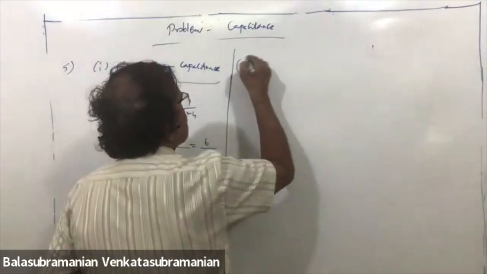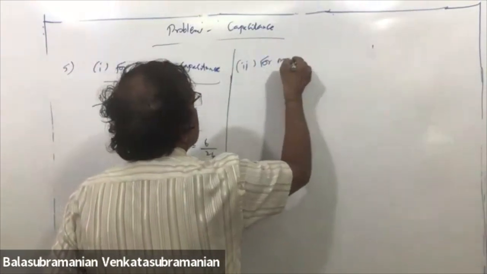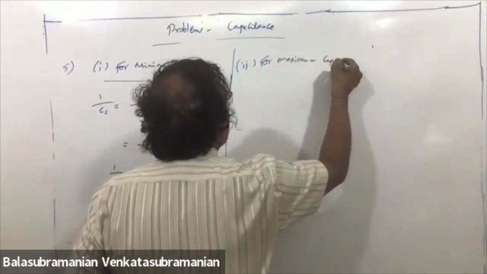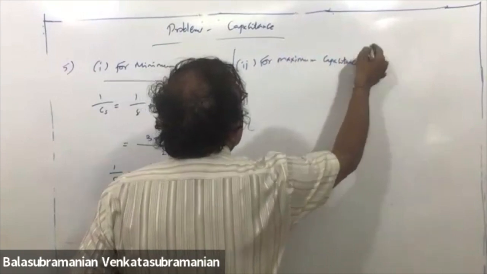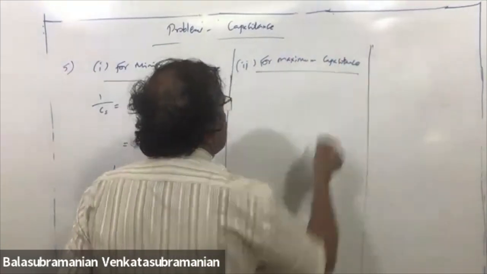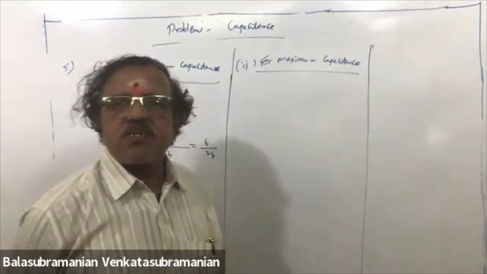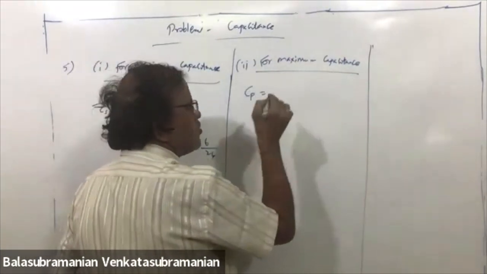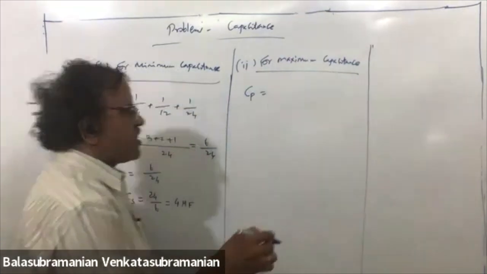Maximum capacitance. For maximum capacitance, Cp is equal to C1 plus C2 plus C3.